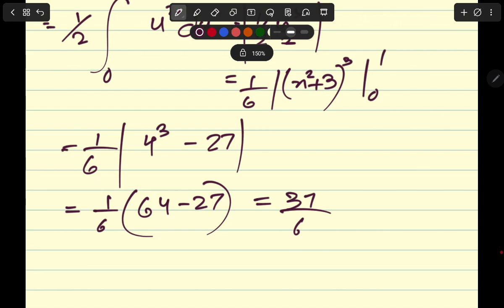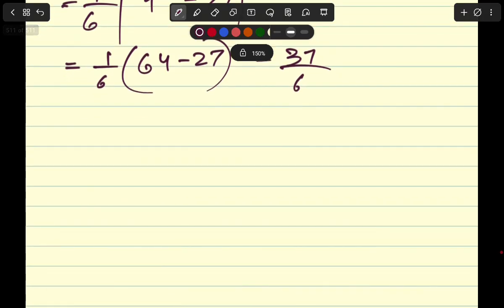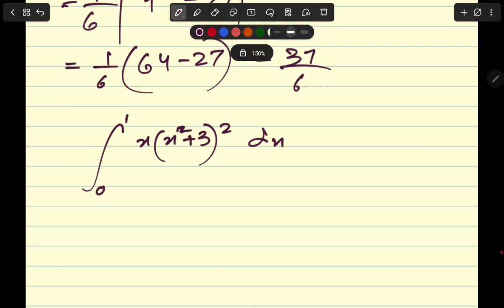Now, the second form, which you are going to use a lot of times, is that we change the limits. So the question was x times (x squared plus 3) to the power of 2 dx, and the limits were from 0 to 1, and make no mistake, the limits are in x, when the variable is x. So these are the limits of the variable x.